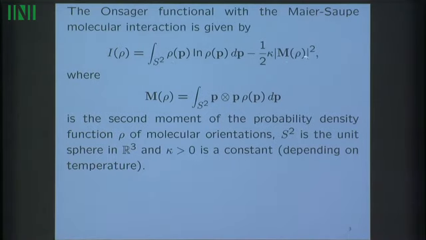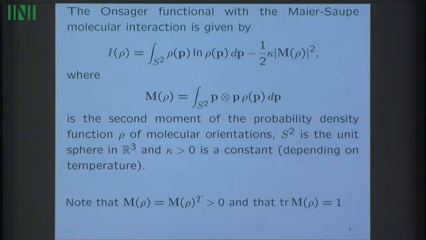So this is the entropy, and this is the interaction term, which is minus some constant kappa over 2 times the Euclidean norm of the second moment tensor of the probability density function, M. Sometimes you would put the Q tensor here, but it doesn't make any difference. Okay, so that's the functional, and as we know, M is a symmetric positive matrix with trace 1.